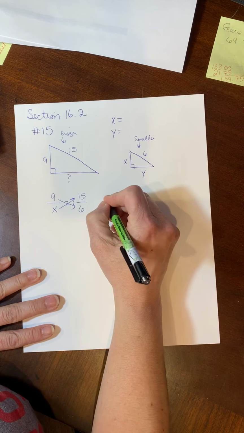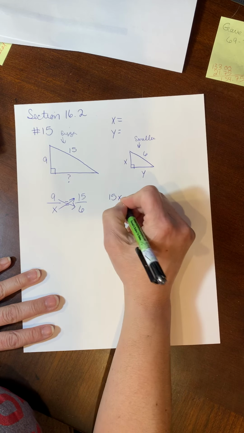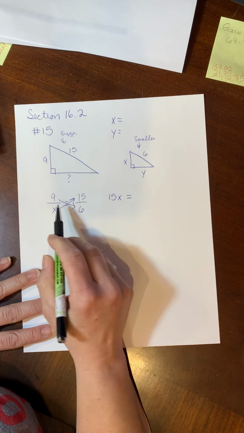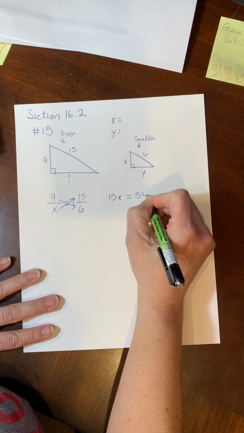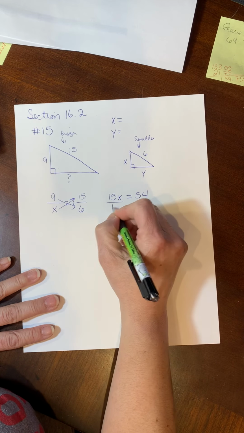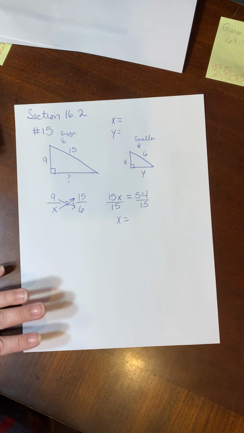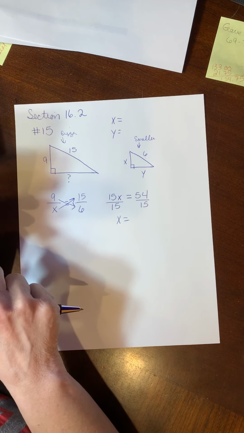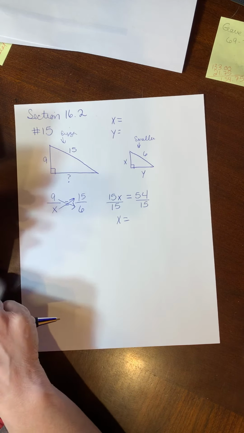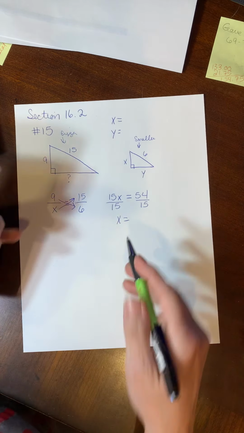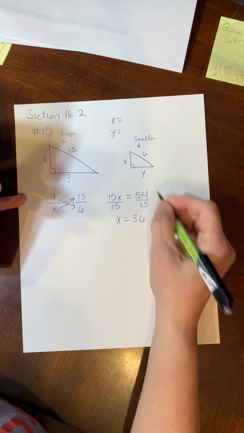So X times 15 equals 15X equals 9 times 6, which is 54. Isolate your variable. X equals 3.6.